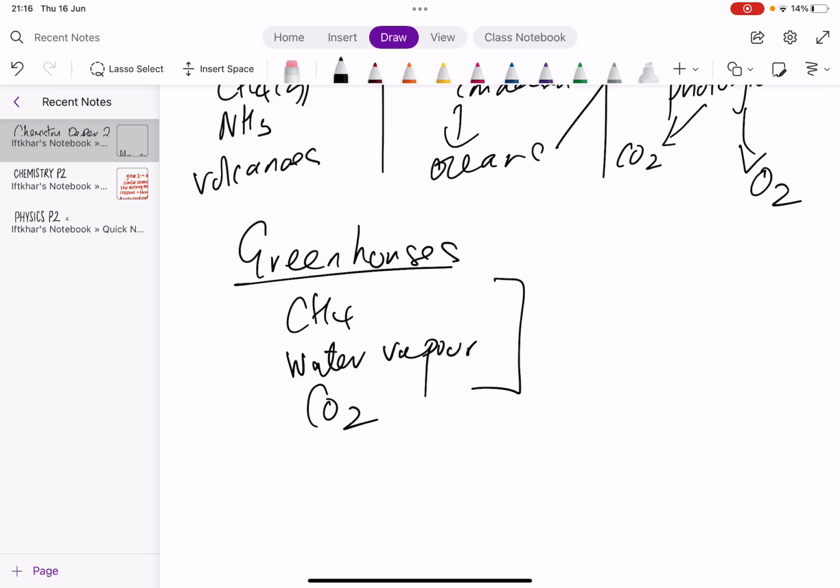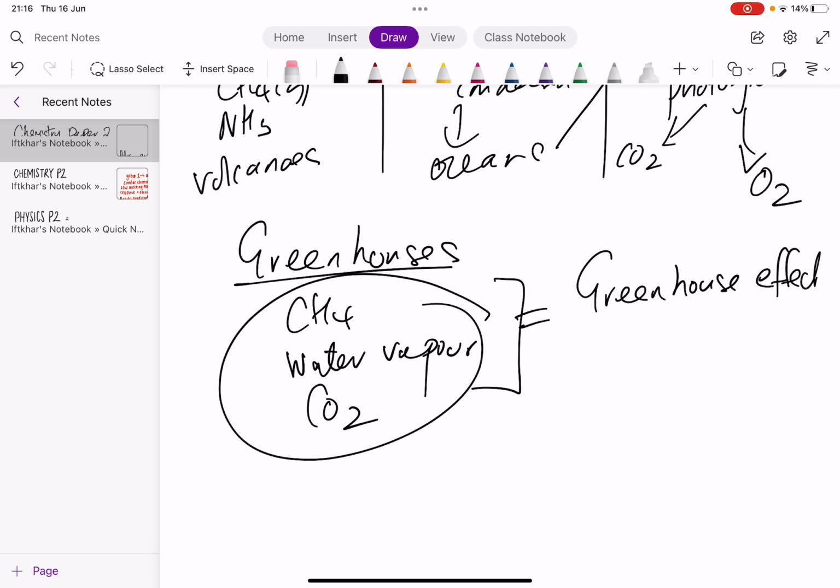In other words, these gases emit some of the radiation back onto the surface of the Earth, and the surface temperature of the Earth increases, and that is known as the greenhouse effect. So simply, these gases absorb infrared radiation, and they don't emit all of it back into space. They re-emit some of it onto the surface of the Earth.